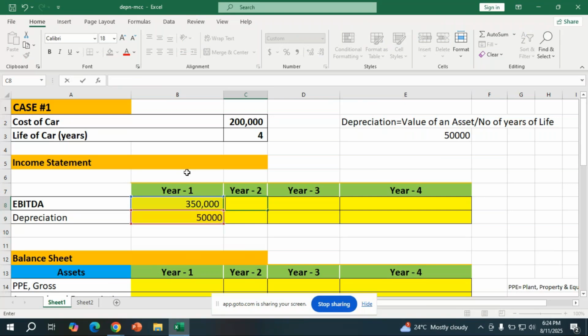So for the first year, if EBITDA is 3,50,000, for year one it is 50,000 as depreciation, which is being put up here. For the second year, usually what we say is the closing balance of the first year becomes the opening balance of year two. This asset which is bought, worth 2 lakhs, is payable after some time.